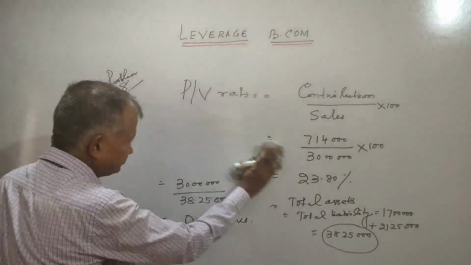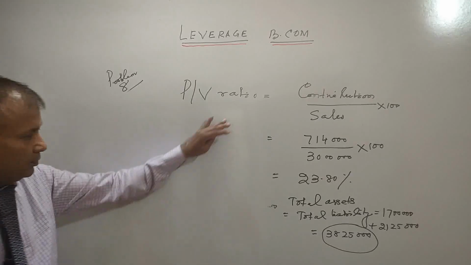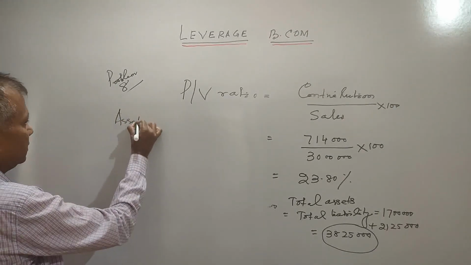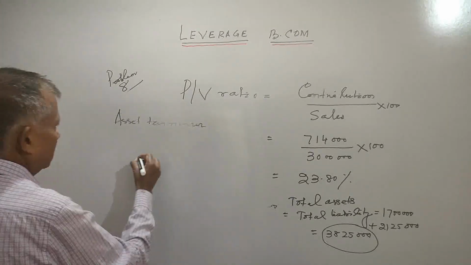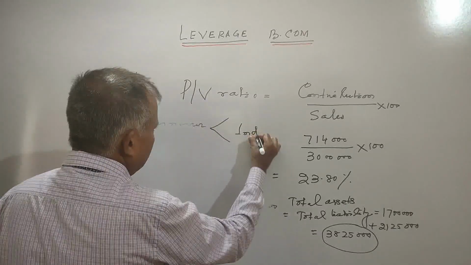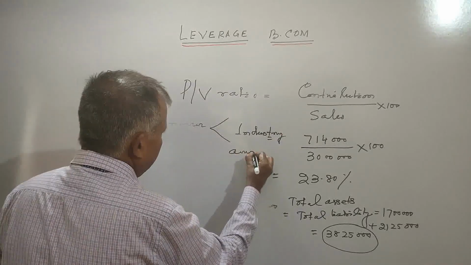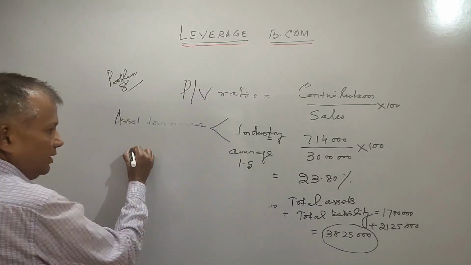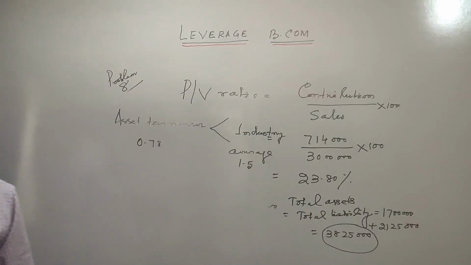Because the industry average is 1.5 and the firm's turnover is less than the industry average. Industry average is 1.5, asset turnover 0.78.